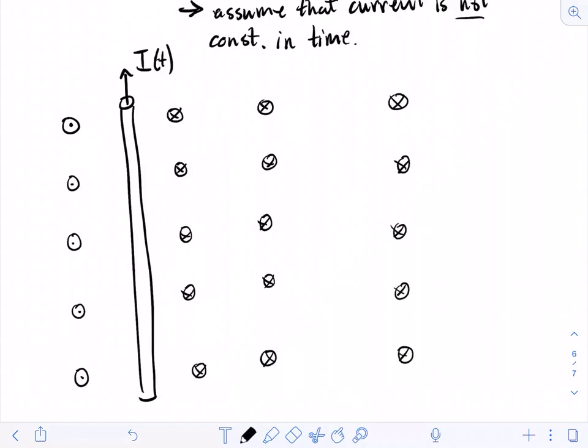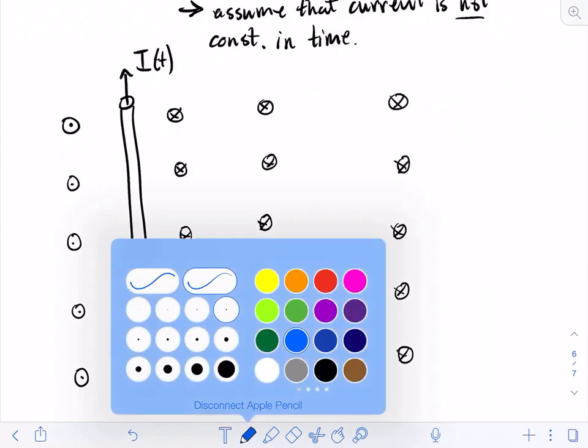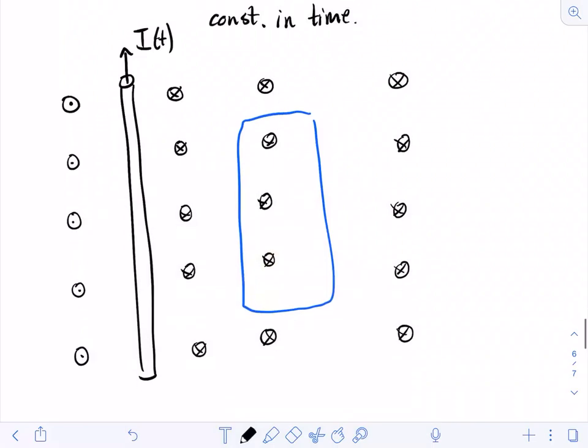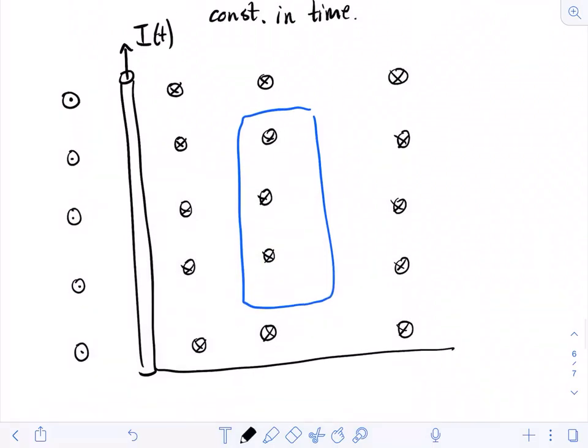And then we have a loop that sits over here somewhere. And this was our x coordinate, remember? So this was x equals a, and over here x was equal to b.